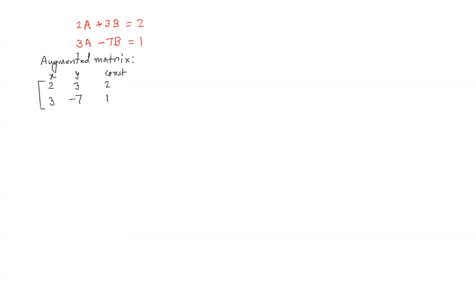There's the augmented matrix. Now we're going to put a vertical line here. Remember, our objective is to convert this into what we call row echelon form. I mean, reduced row echelon form, which would be something like this: 1, 0, 0, 1, vertical line, some constants, A and B.